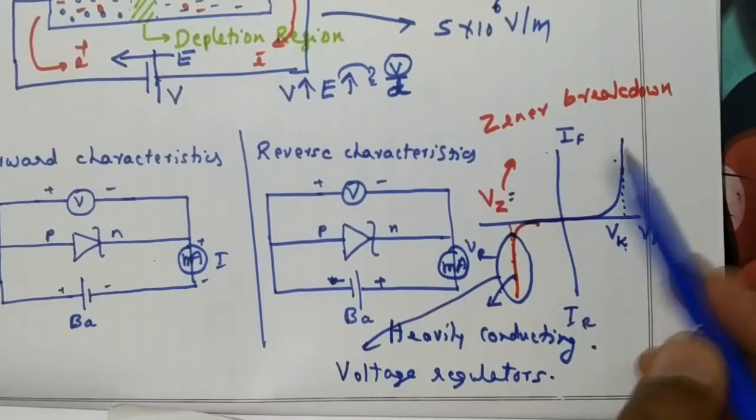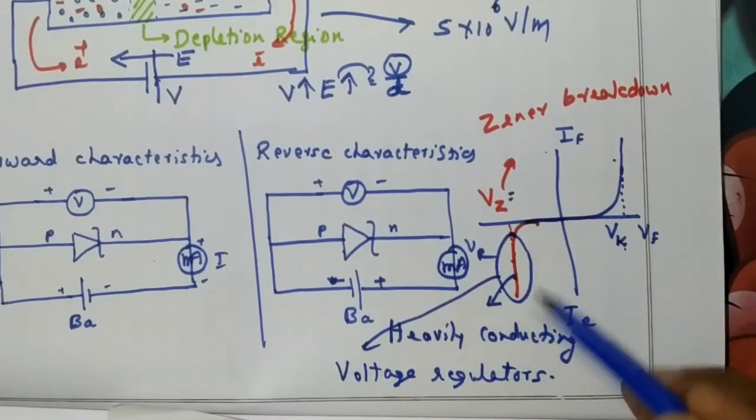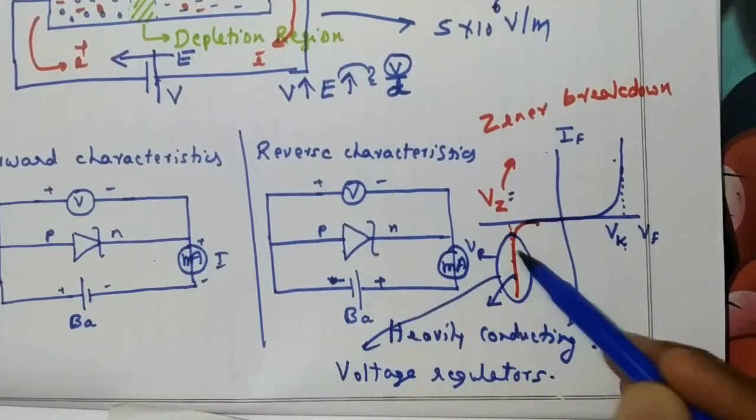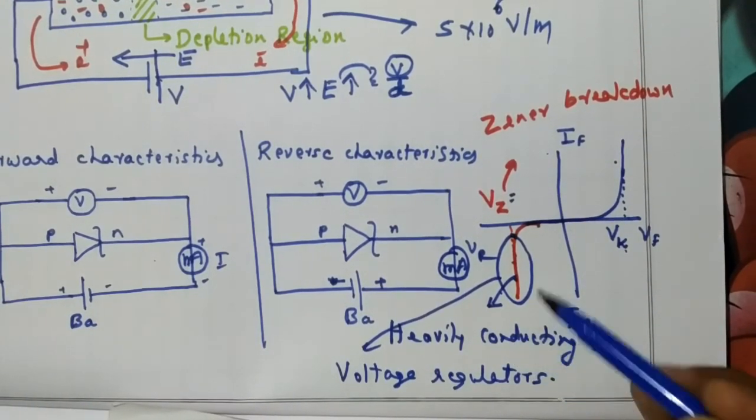So in the forward bias, it is of no use using a Zener diode. You can use an ordinary diode itself, but this property cannot be obtained from an ordinary diode. It has to be obtained from a Zener diode.